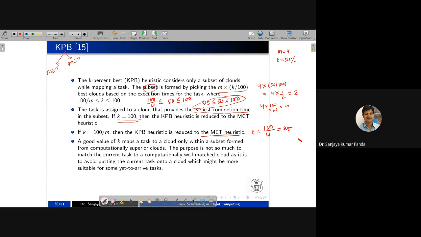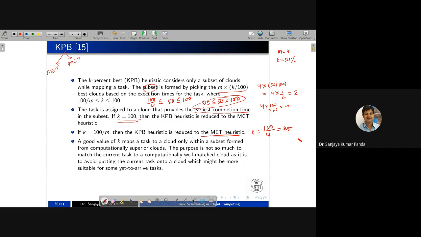The purpose is not so much to match the current task to a computationally well-matched cloud, as it is to avoid putting the current task onto the cloud which might be more suitable for some yet to arrive task, meaning some upcoming task.